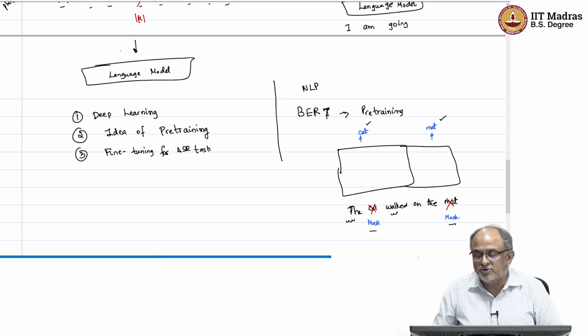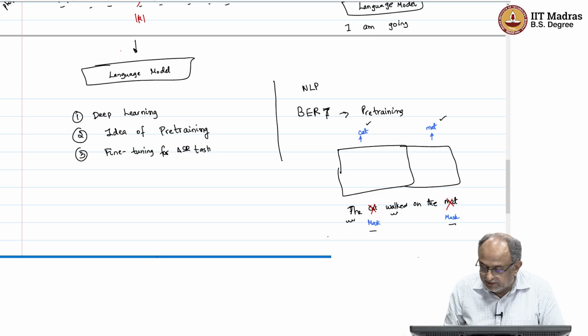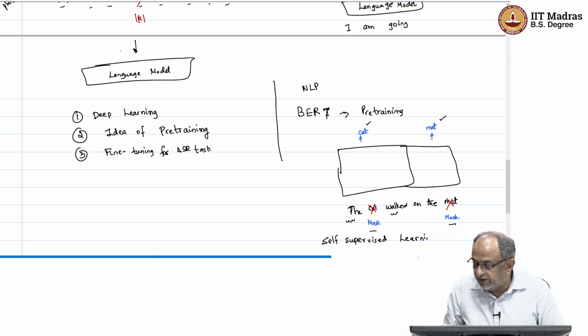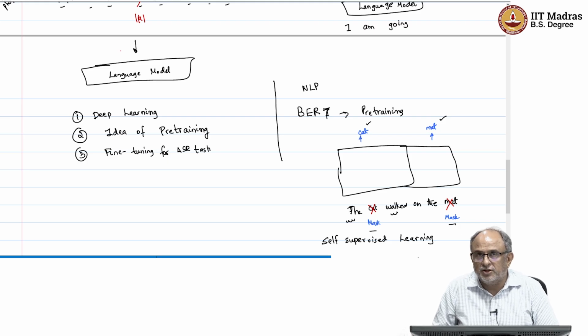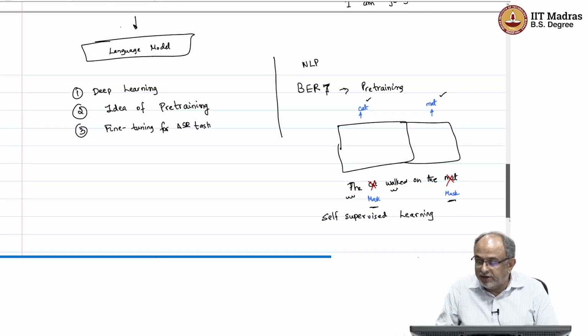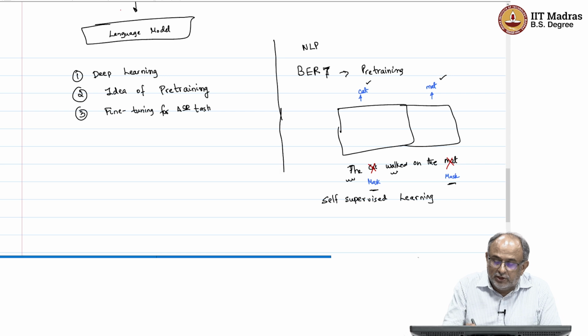So, this is a case of self-supervised learning. Why is it self-supervised? Because the input and the target are derived from the input itself. The supervision for training the neural network is obtained from the input itself. I just mask, I know what I masked. So, whatever I masked, I say can you predict it at the output.